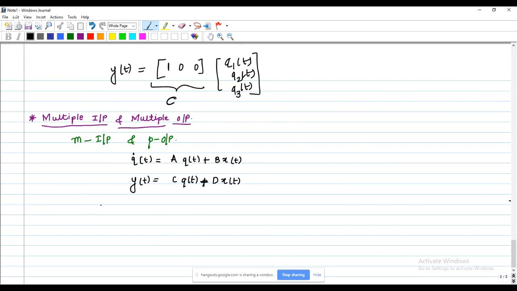Now q of t is the state variables, so this will be a matrix with n cross 1 elements. X of t is the input vector. Now we have m inputs, so we have m cross 1 matrix.